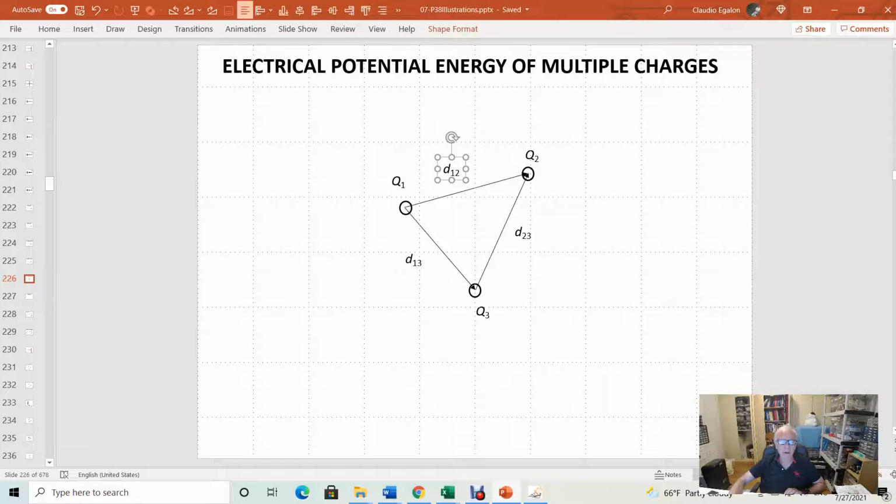So we have here U between 1 and 2, the potential energy between 2 and 3, I call it U2,3, and the potential energy between 1 and 3.